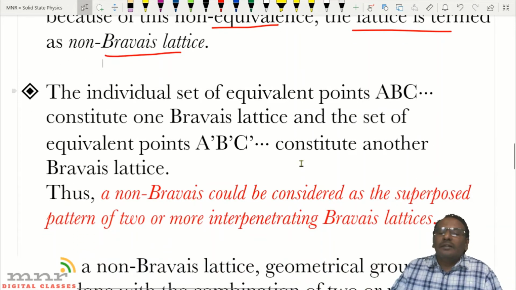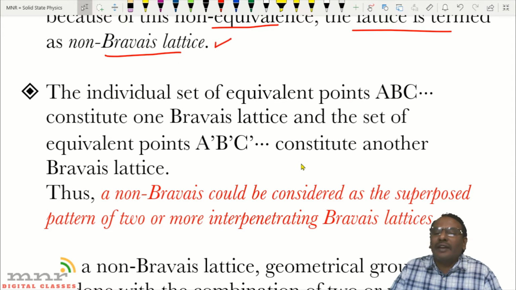Even though, as an overall picture, the space lattice is a non-Bravais lattice because of non-equivalence, we can treat this non-Bravais lattice as one set of equivalent points. A, B, C constitute one Bravais lattice, because all the lattice points represented by the small circles have identical surroundings.